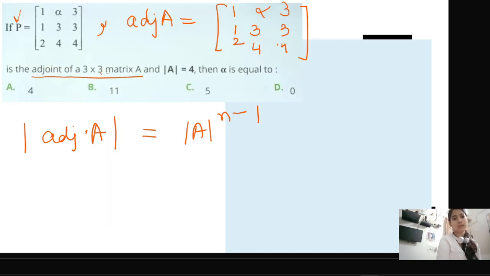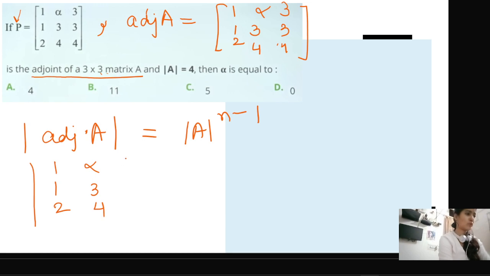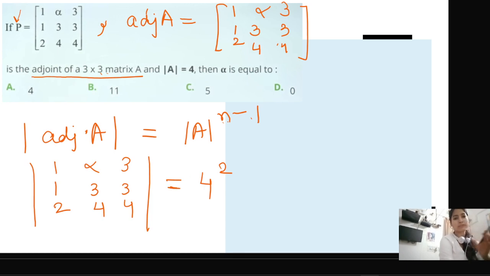See, we can solve this question easily with the help of the property. So we have to find the determinant of this matrix 1, 1, 2, alpha, 3, 4, 3, 3, 4, and determinant of A is already given to us as 4. The matrix is 3 cross 3, so in place of n we are getting 3, and 3 minus 1 is 2. So 4 times 4 will be 16. We have to compare with the 16.